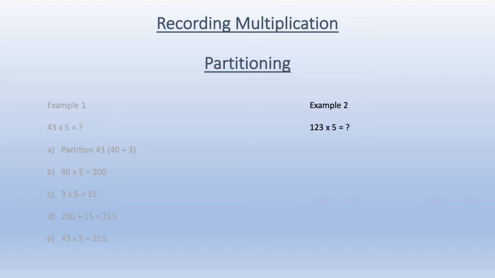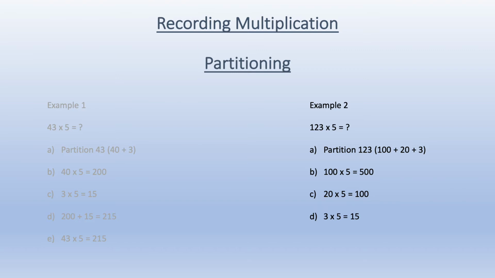I'm just going to do one more example now, multiplying a 3-digit number by a single digit. Again, we partition the 123 into hundreds, tens and units, so we have 100, 20 and 3.